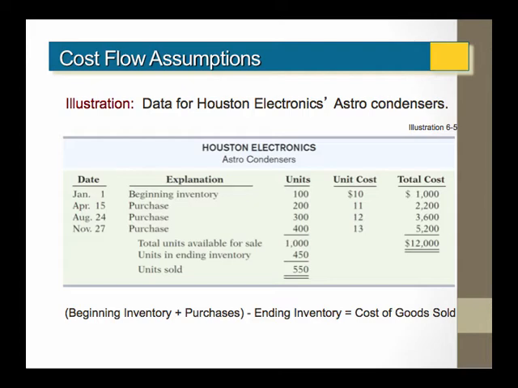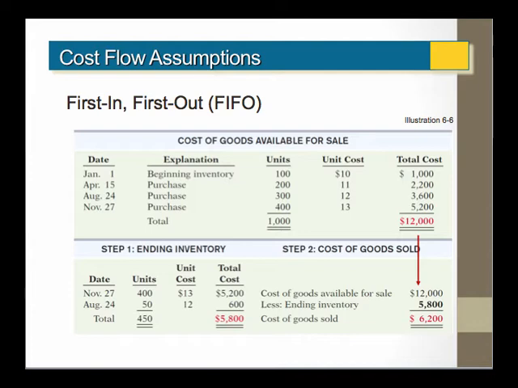Then we go out and we count our ending inventory, and we have 450 units available in ending inventory. We subtract the 450 units in ending inventory from the 1,000 units in goods available for sale, and we see that we sold 550 items.